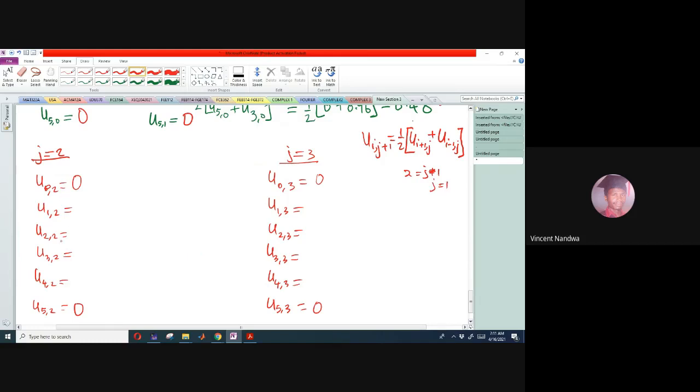So throughout j here will be 1, and then values of i vary as we have here. So we'll have a half into, so i is 1, so 1 plus 1 is 2, so u(2,1) plus 1 minus 1 is 0, so u(0,1). When you replace in the values, we have a half into 0.80 plus 0. This gives us 0.40.